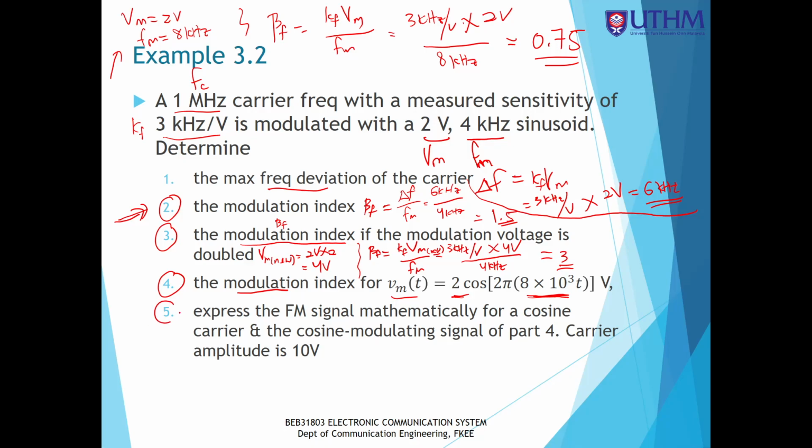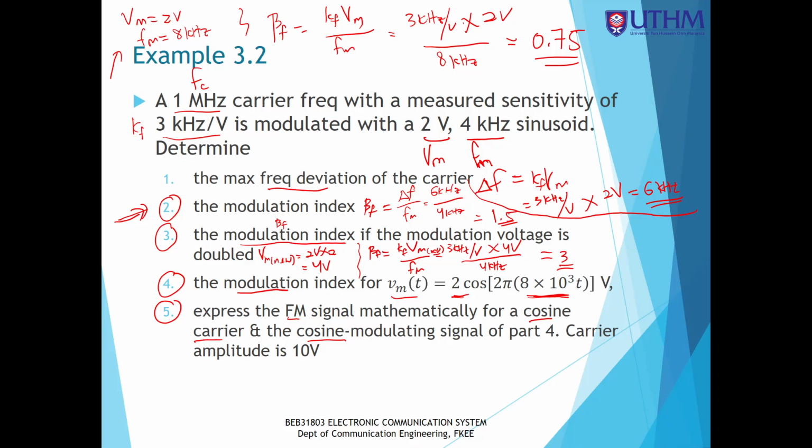Then question number 5: express the FM signal, find VFMT mathematically, for a cosine carrier and cosine modulating signal. The general equation is cosine, and VMT is also cosine.